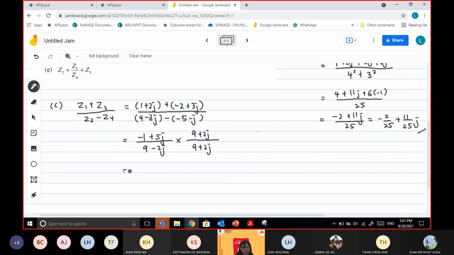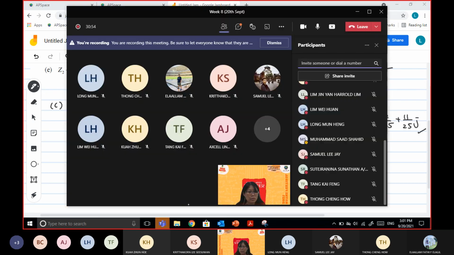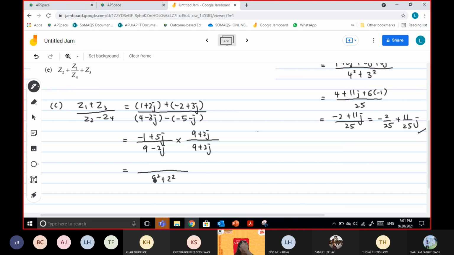For the bottom it will be 9 square plus 2 square. Then the top, expand it. Can I have Samuel expand the top? Samuel? Yes.